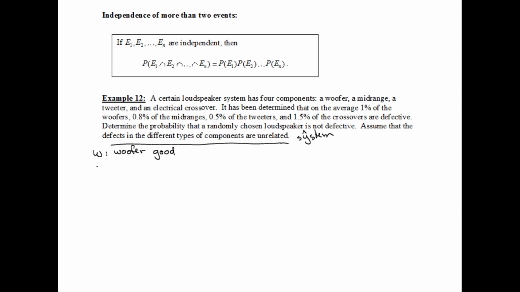I think it turns out to be easier to define our events to be that the component is good rather than bad, and that saves us having to write down complements. So M will represent that our mid-range is good, and T that our tweeter is good, and C that our crossover is good.